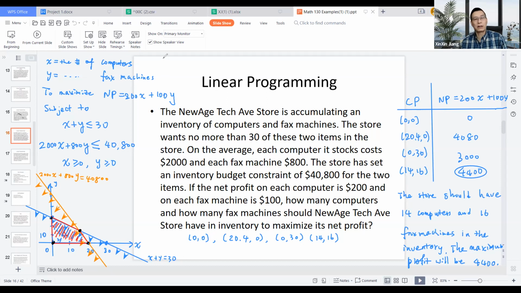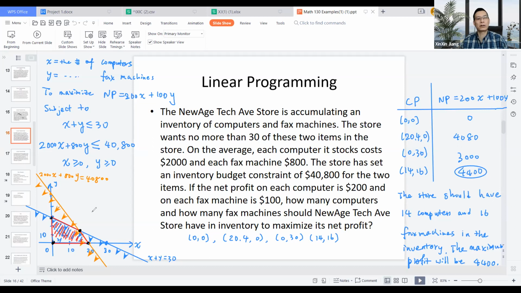You start with setting up variables, and then you come up with the objective function, and write to maximize or minimize. And then you find the constraints, list all of them, and don't forget these two trivial ones. These two usually you need to make some effort, but I hope you're okay with those.